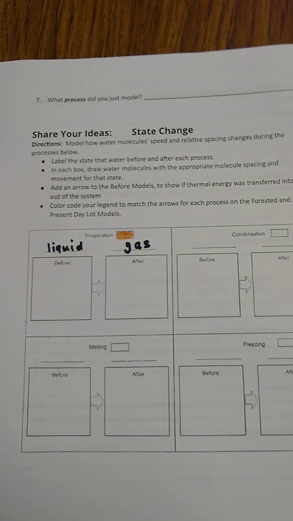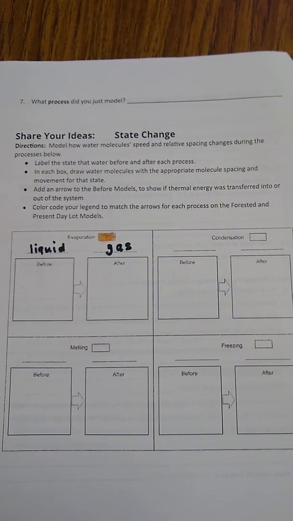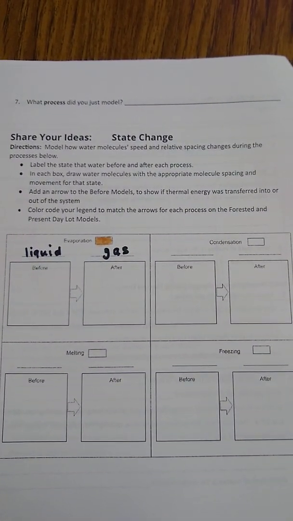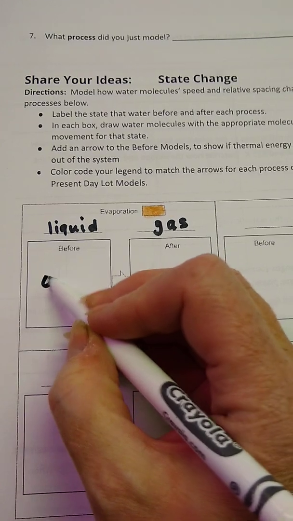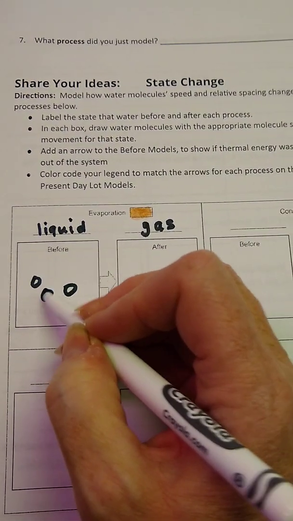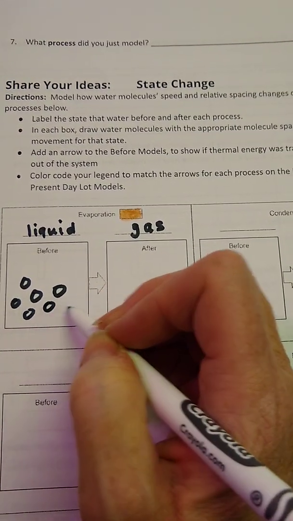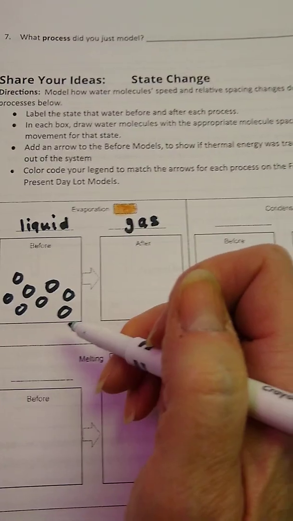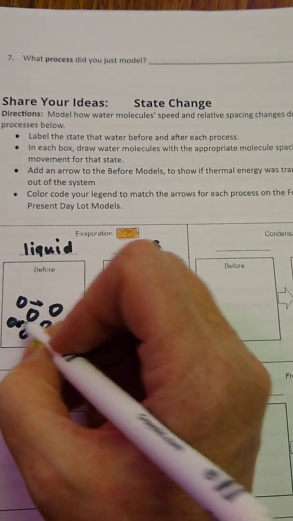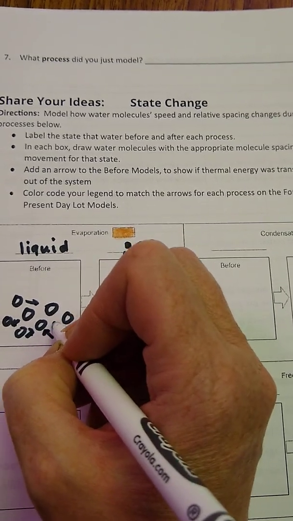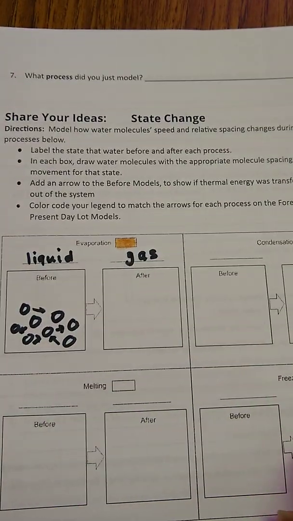Second thing, in each box, we're going to draw water molecules with the appropriate molecule spacing and movement for that state. Now, when I think back to the PhET model, in liquids, the molecules were sort of all staying together, but not super tightly packed. They're kind of moving towards one another so that they can stay together.